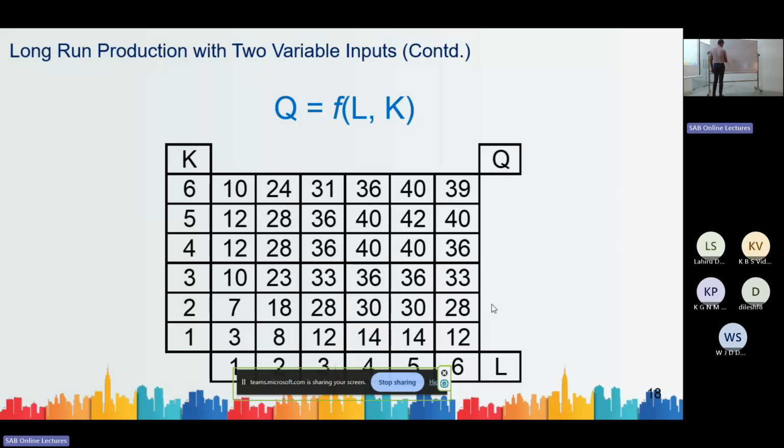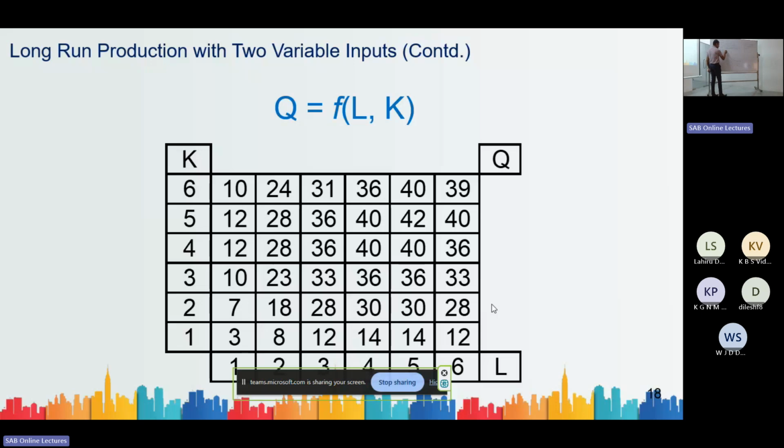At the same time, if the firm combines 4 units of capital with 4 units of labor, again the firm can generate 1000 units of output. Also, when the firm combines 1 unit of capital with 8 units of labor, still the firm can produce 1000 units of output.